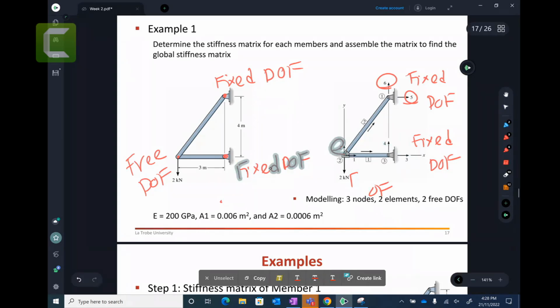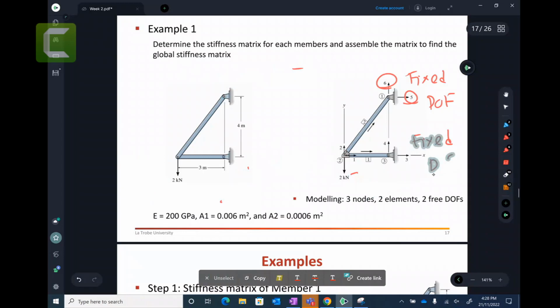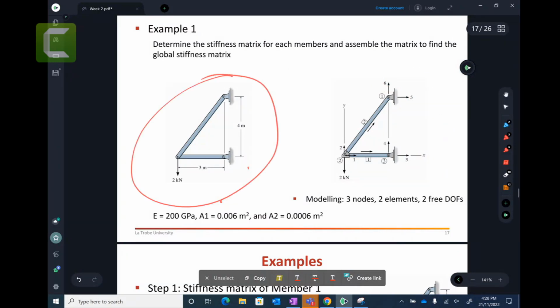All right, now a student asked what is the number in the circle and what is the number in the square box. Okay, so let's start with the square box. Number in the square box, look at this. The whole truss system has two elements. Two elements meaning this is element number 1 and element number 2.